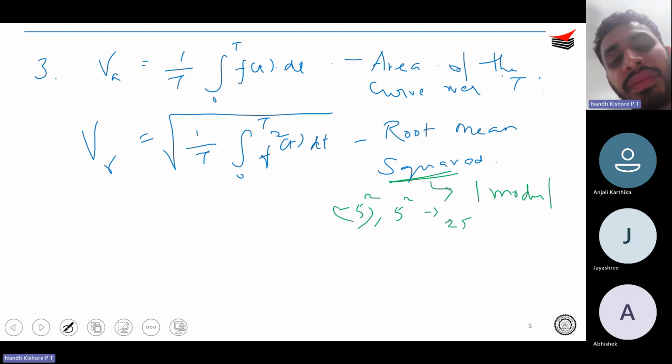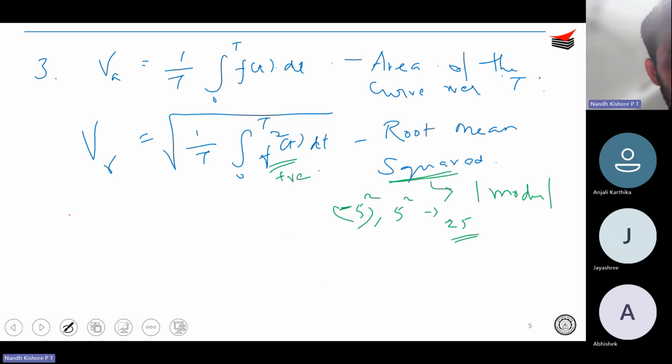So irrespective of the sign of f of t, I'm getting a mod of the square, correct? So you need to remember that it's always going to be a positive number. Okay, so it is positive.